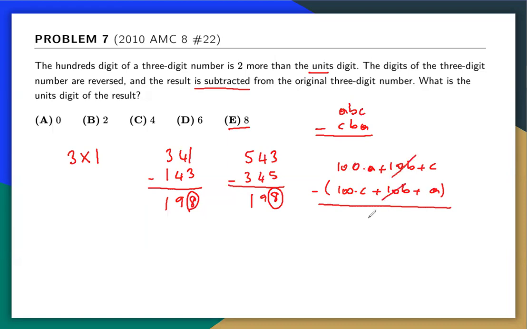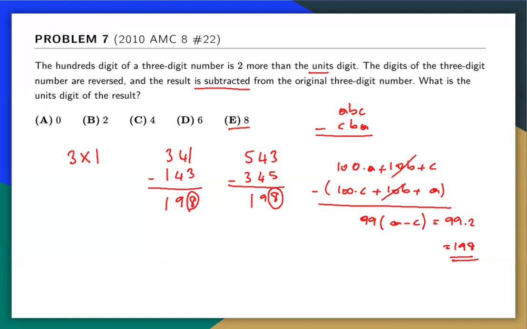So 100A minus 1A is 99A, and then C minus 100C will be minus 99C. So that should be 99 times A minus C. Since we are told A is 2 larger than C, A minus C is 2. So you get 99 times 2, which is 198. So regardless of what number you chose, you always get the last digit to be 8. So that is just the answer.